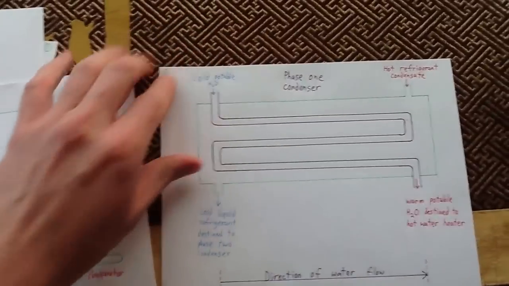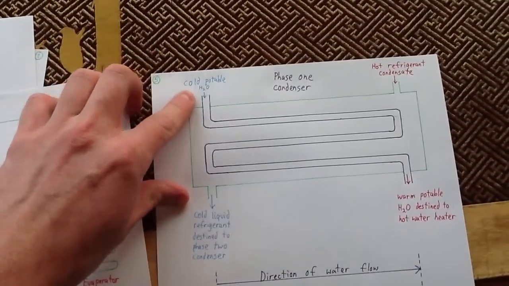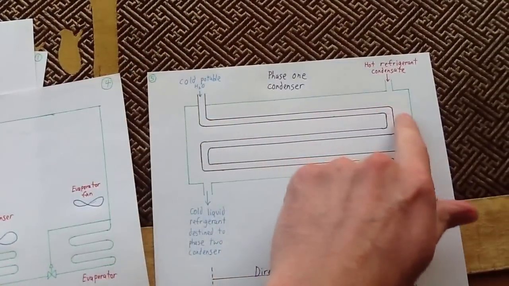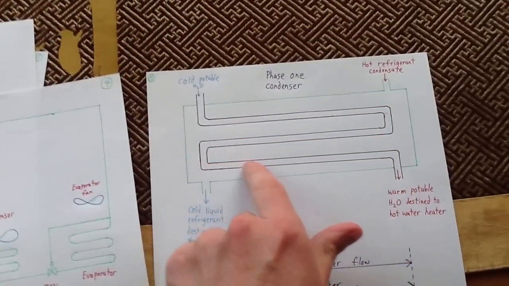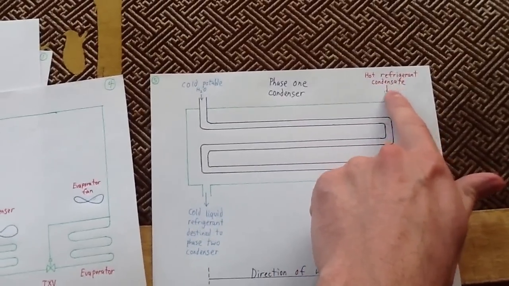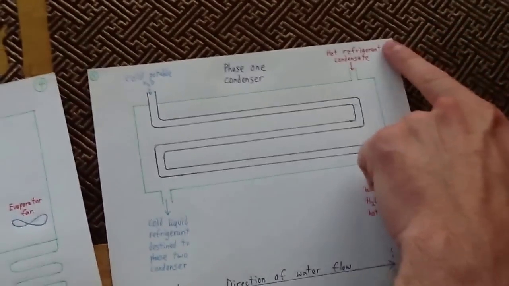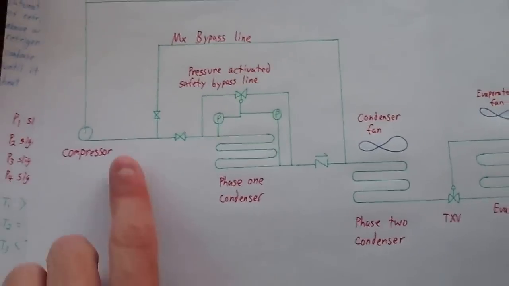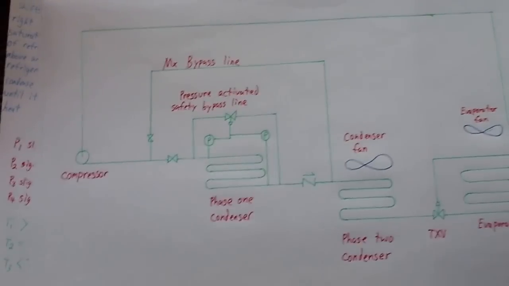So we'll just take a quick look at this. Alright, so cold potable water, it's going to go through these tubes right here, and as it does so, it's going to gain a considerable amount of heat from the hot refrigerant condensate. So this hot refrigerant condensate right here is the refrigerant that's going to go through it.